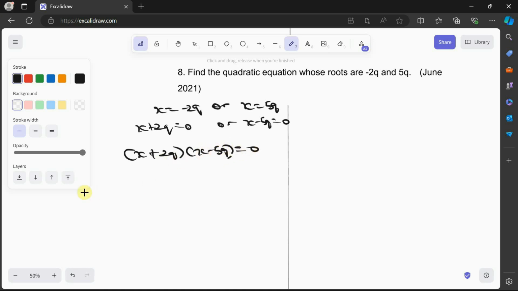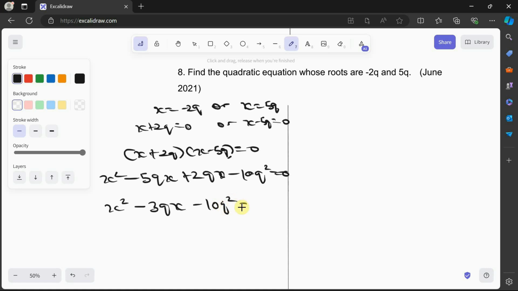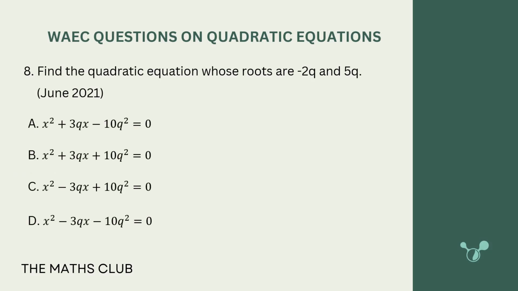So let's expand the brackets. x times x will give me x squared. x times minus 5q will give me minus 5qx, plus 2q times x will give me plus 2qx, and plus 2q times minus 5q gives me minus 10q squared is equal to 0. So let's simplify. This will be x squared minus 3qx minus 10q squared is equal to 0. This should be our equation. So that will be option D.